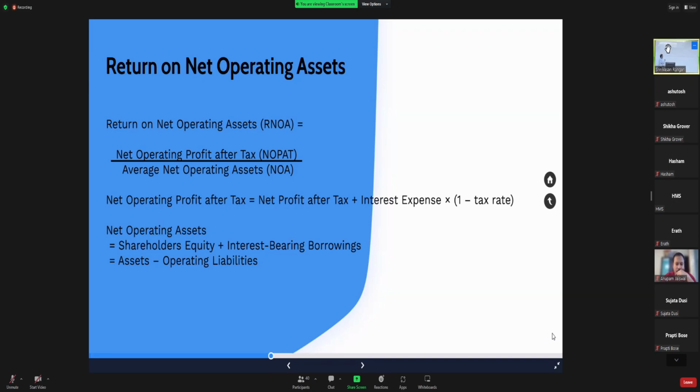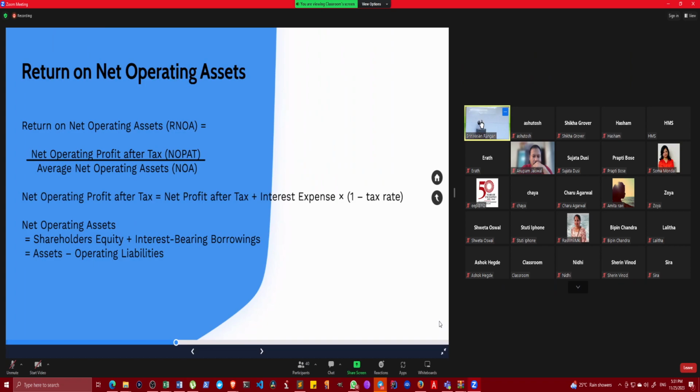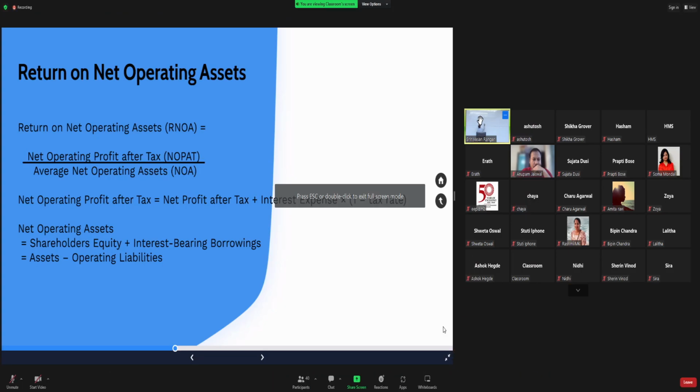Okay. All right. So we are going to go over the formula again for RNOA and why it is the way it is and its interpretation. So we'll start with return on assets. It has net profit, and there's a line here already, but I'll still draw that line.